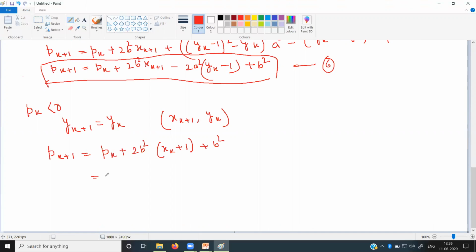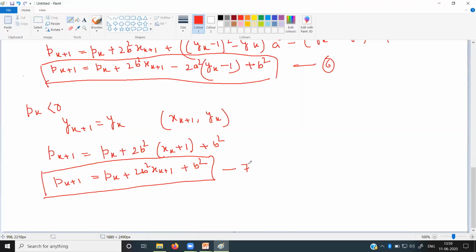Okay? So that means pk plus 2b square x of k plus 1 plus b square. Fine. So this is another equation which will be used to generate the points for region 1.